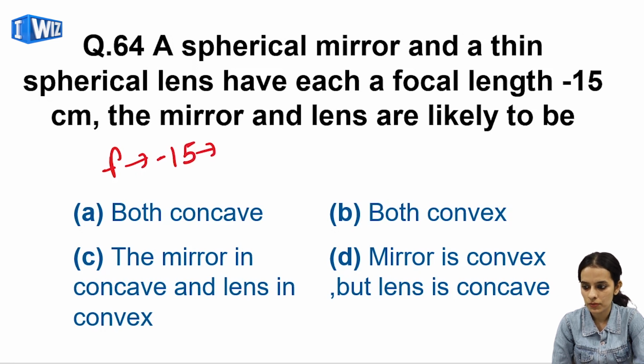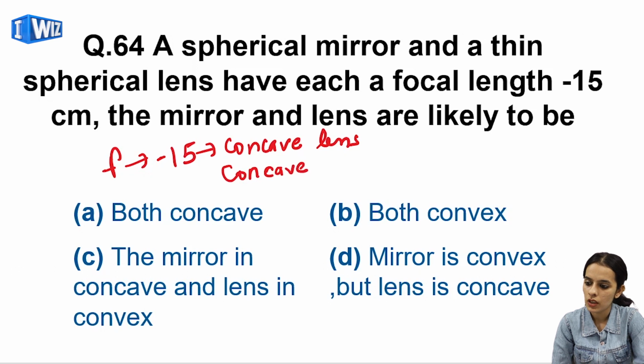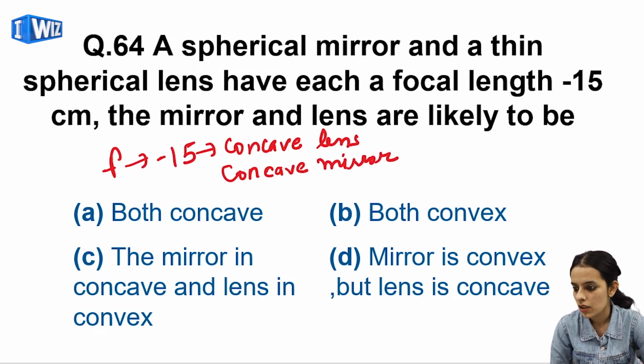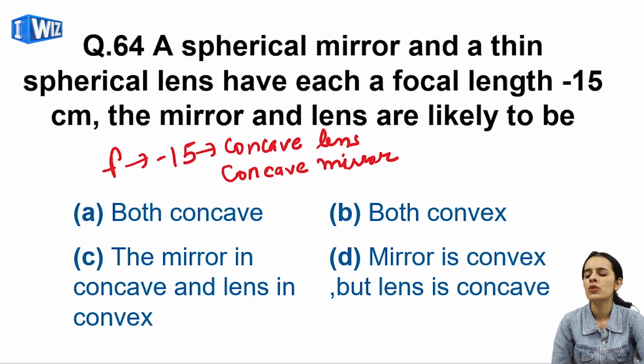Focal length negative, concave lens. And which mirror? Concave mirror. So which option is right? Both concave. You have to tell the lens.